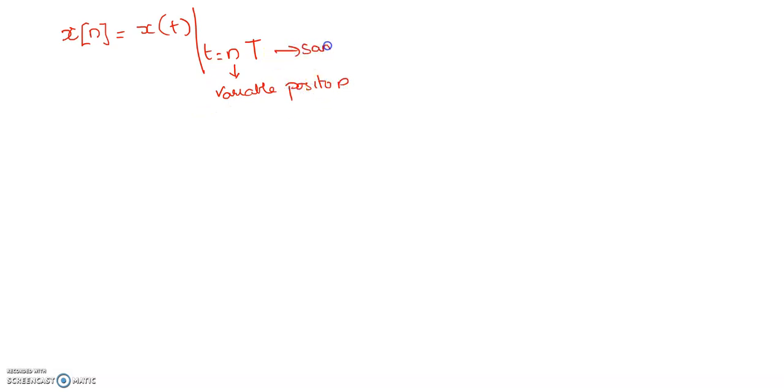Now when we were creating a discrete time signal from a continuous time signal, we had implemented a formula like this: x of n is equal to x of t, where t is equal to n capital T. So n was the variable representing the position of the sample, and capital T was the sampling interval, as shown in the previous video.